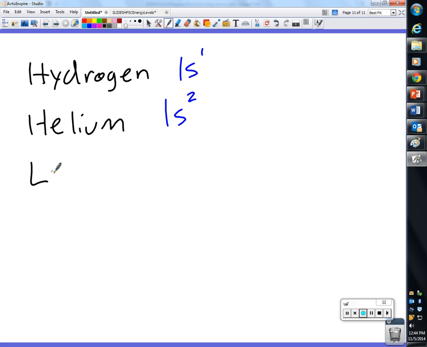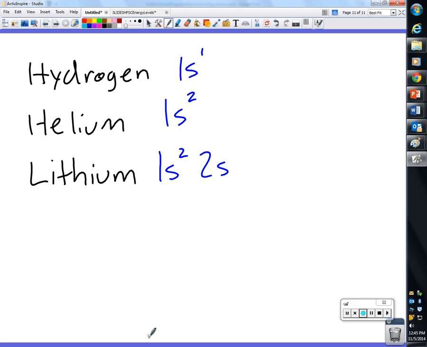The next orbital diagram that we did was lithium. We know that lithium has how many electrons? Three. The first 2 electrons in any atom go in which orbital? 1s2. Where does the third electron go? 2s. Why does it go in the 2s orbital? There's no more room in the 1s orbital.